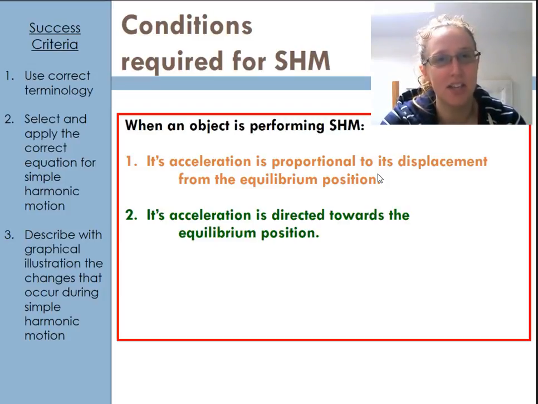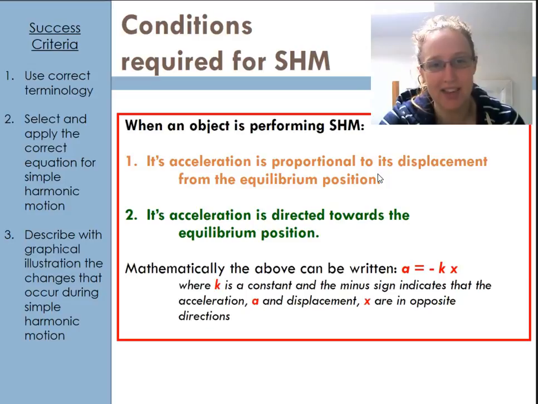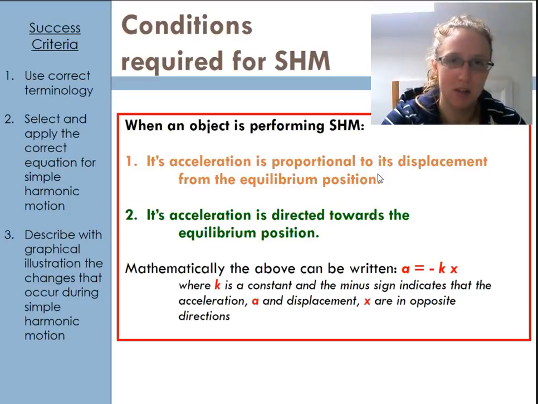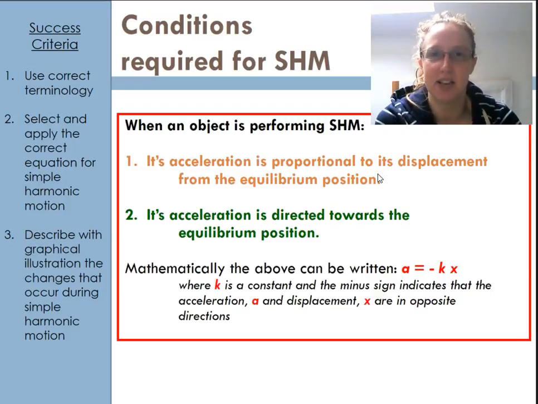The acceleration is always directed towards the equilibrium position. Mathematically, I can say that a equals minus kx, where k is a constant. The minus sign indicates that the acceleration and the displacement are in opposite directions. So these are our two conditions for SHM.